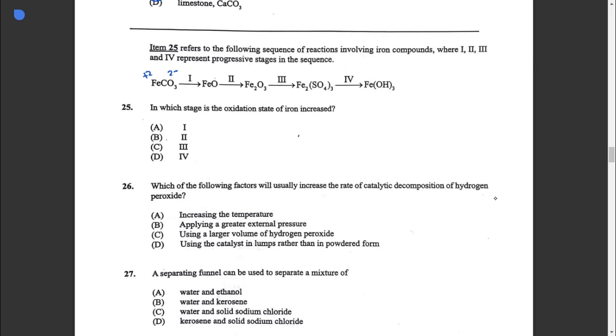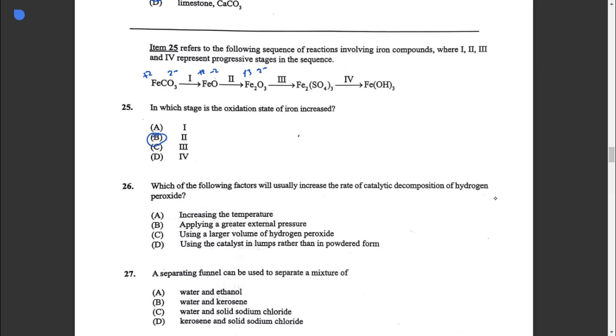FeO, so iron is also +2 right here. Oxygen is 2 minus. Here iron is now +3, and oxygen is 2 minus. So we can see that iron moved from +2 to +3. One of the definitions for oxidation is an increase in oxidation number, or increase in oxidation state. So it increased from +2 to +3, from FeO to Fe2O3, and so that is B.